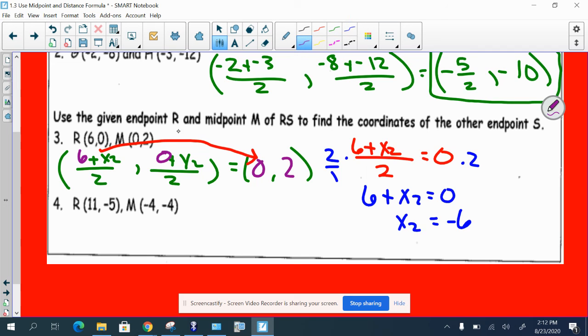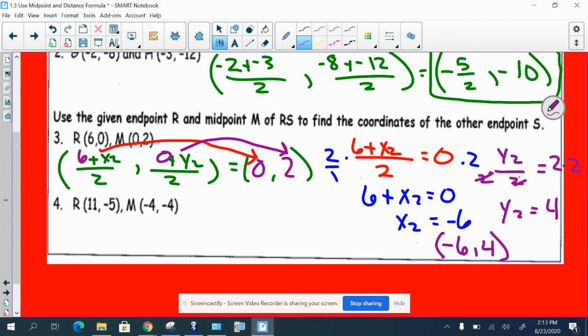And then do the same thing for the y's. Set this equal to 2. So y2 over 2 equals 2. Multiply both sides by 2. So y2, this cancels. y2 equals 4. And then you would put both of your answers as a point, negative 6, comma 4, and that would be point S.